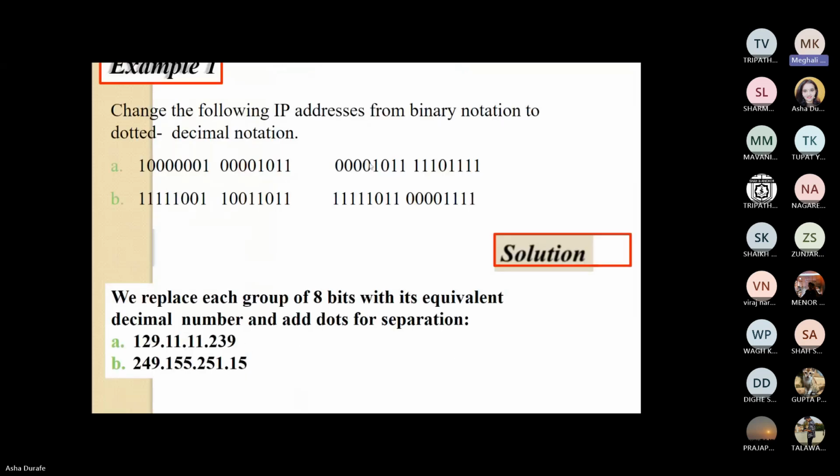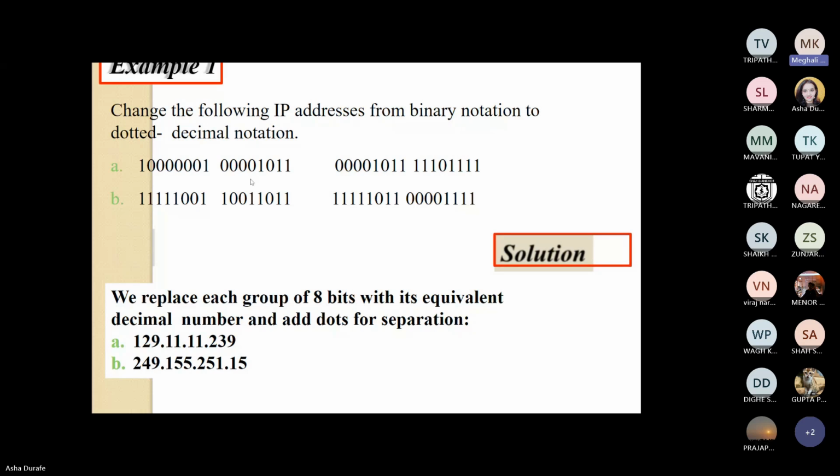So we will see these kinds of questions which can be asked in your internal assessments or in the oral exams. How you can convert the IP addresses from binary notation to dotted decimal notation. This is very simple rather, but you have to practice this so that you can convert it easily in a small amount of time. Fine. So here you have to replace each group of 8 bits with its equivalent decimal number and then add dots for the separation.